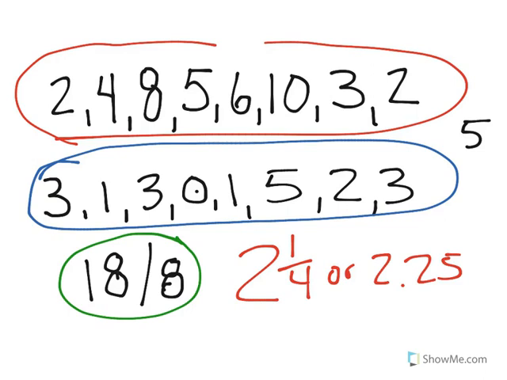So how could we use mean absolute deviation? You could use it if you found your average in class. You looked at all your grades, and then you could find out how far each of your grades was from the average. So this could tell you if your grades were really consistent.